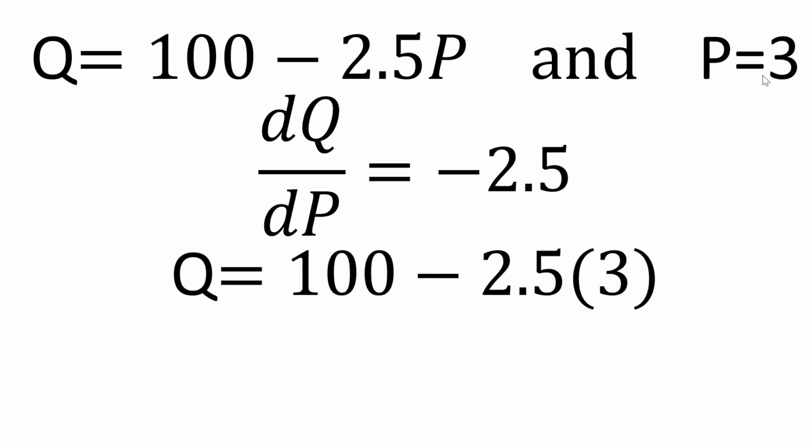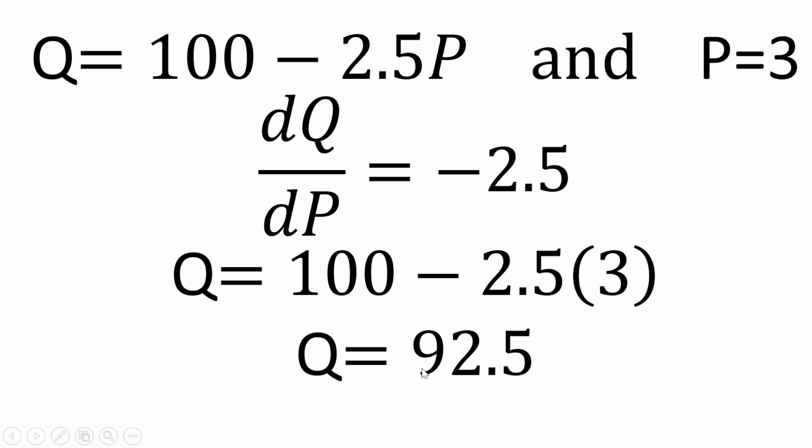We use this function, we put in the value 3 and we work on to get the value of q, which is 92.5. So what we are having is that p is 3, at the same point q will be 92.5. Now, the slope dq/dp is -2.5.